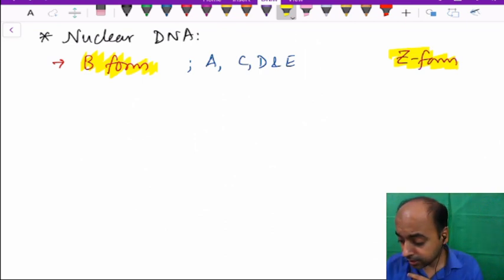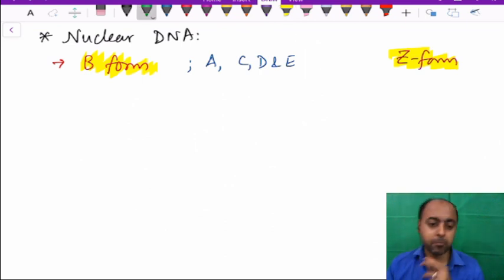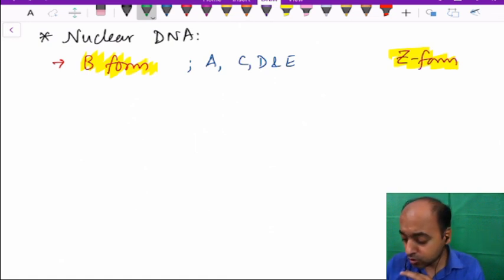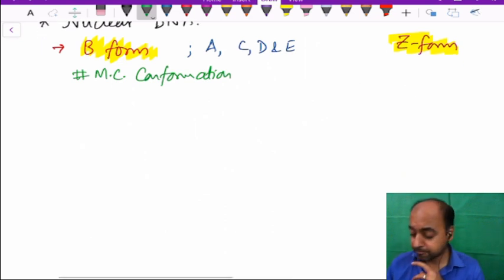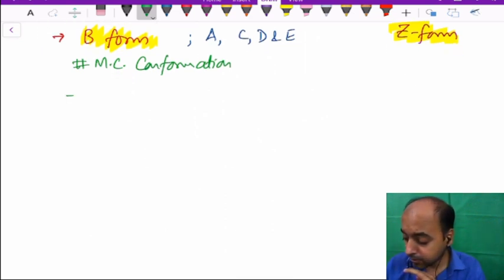The B form of DNA, the most common conformation, is double stranded.